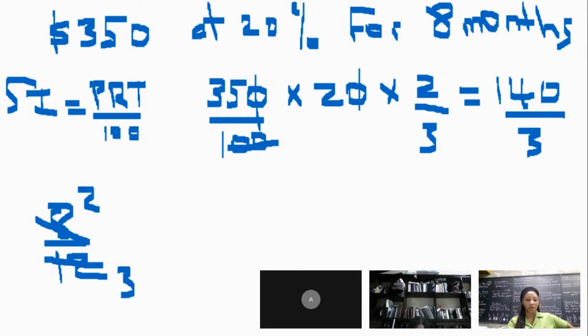So 3 into 14 goes 4 times, remainder 2. And 3 into 20 goes 6 times, remainder 2. So the remainder 2 will keep giving us 6, right? Yes, miss. All right, so this is the interest.